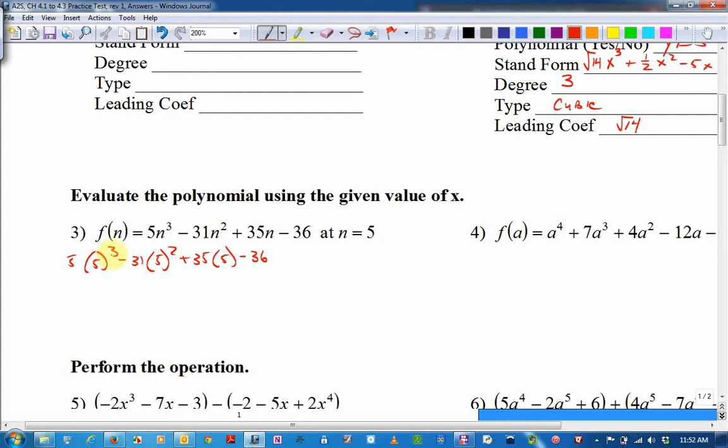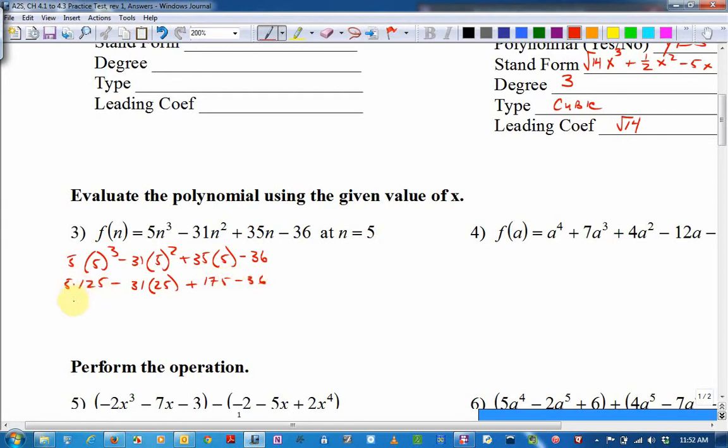Okay, 5 cubed is 125, so I would have 5 times 125 minus 31 times 25, 5 squared, plus 35 times 5, which is 175, minus 36.